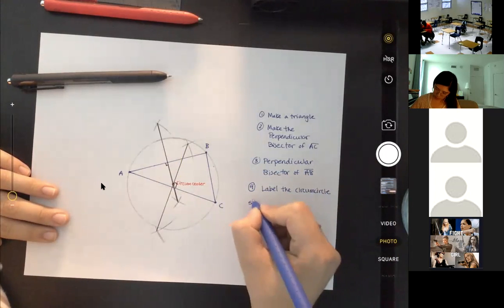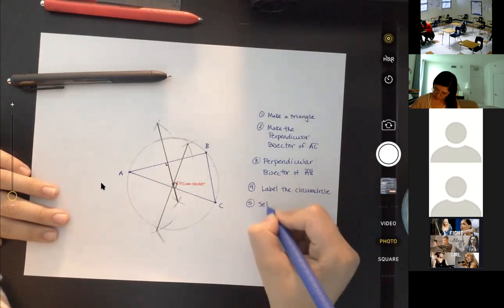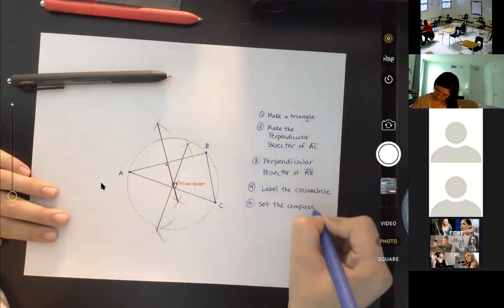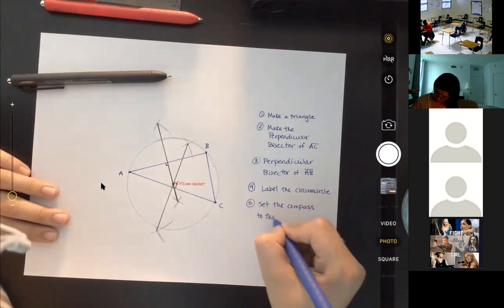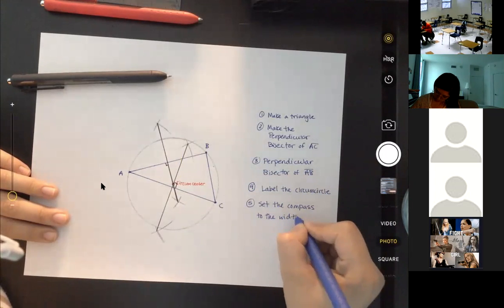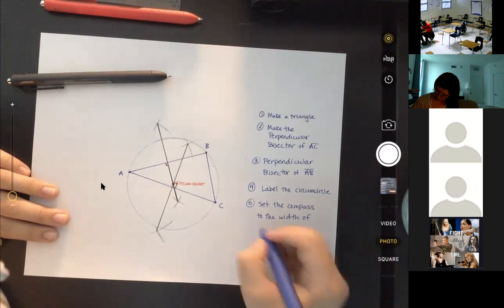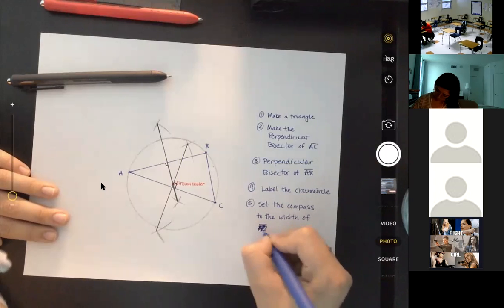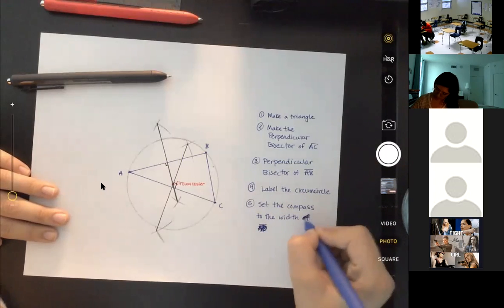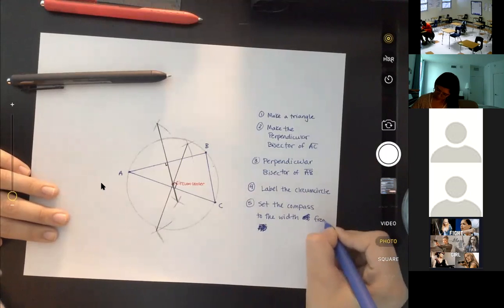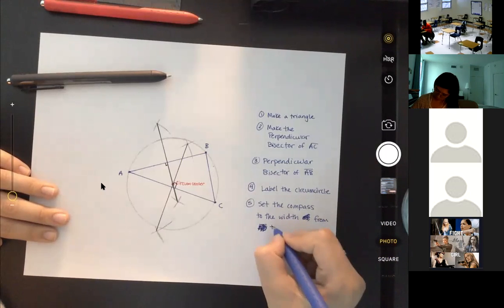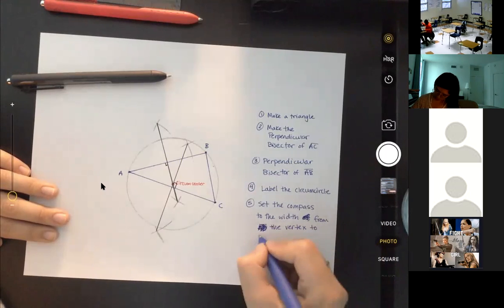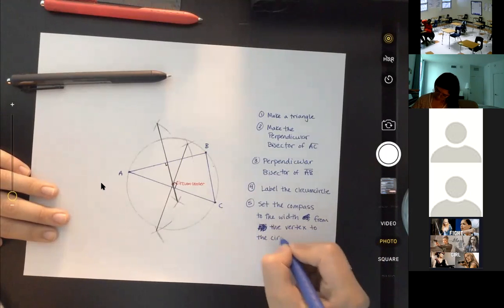So the important thing is to set the compass to the width from any vertex to the circumcenter.